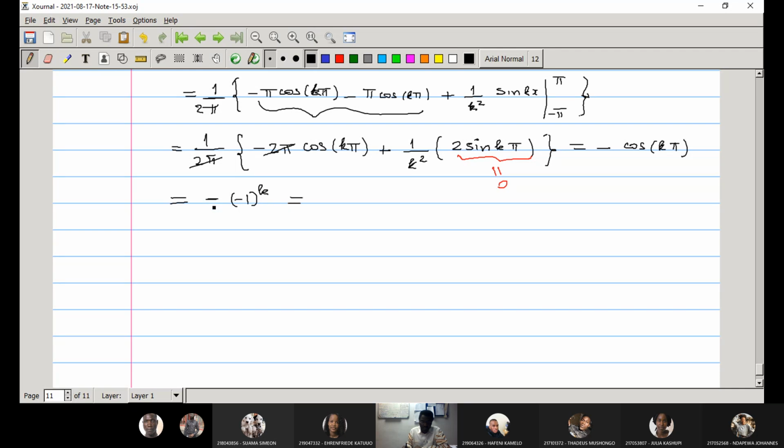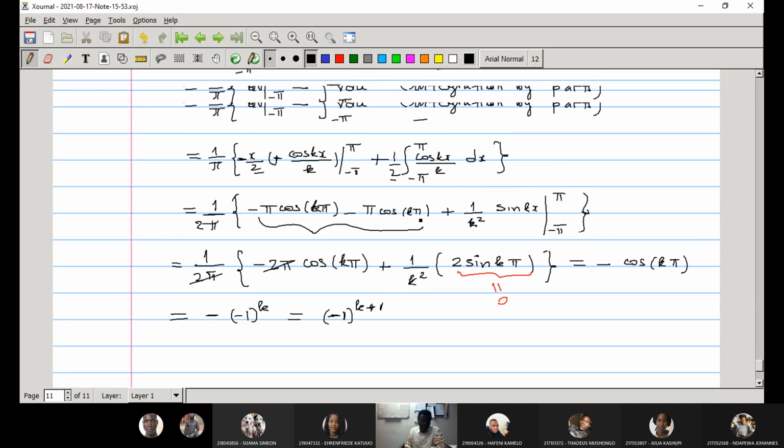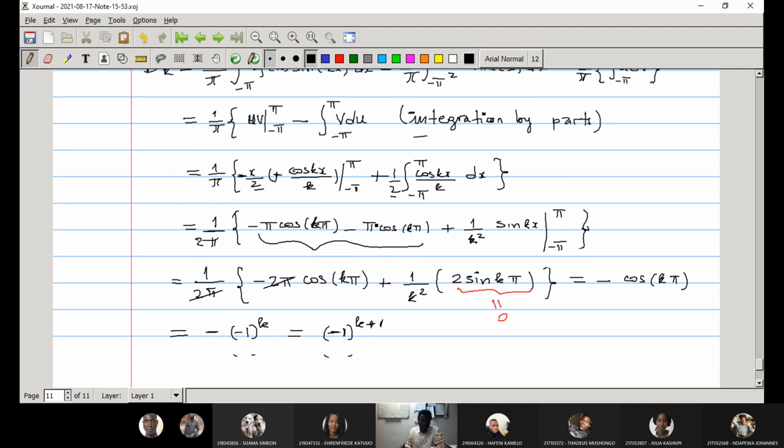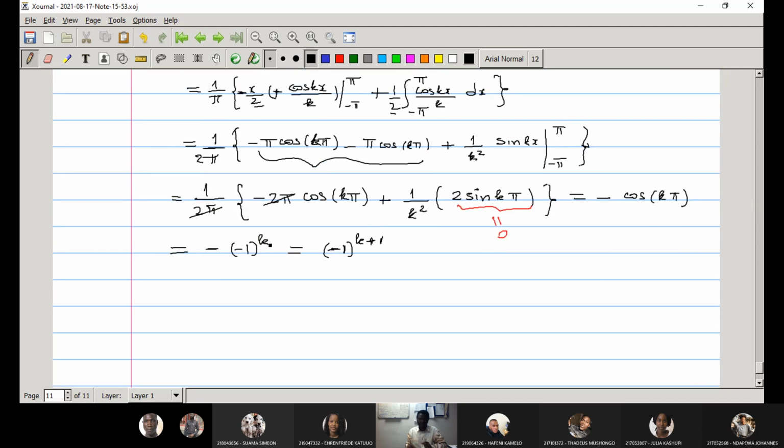So this is negative 1 to the 1, I will add with this one, so it's negative 1 to the k plus 1. So that is the value of what? Of my bk. Okay, so this is the value of my bk, negative 1.